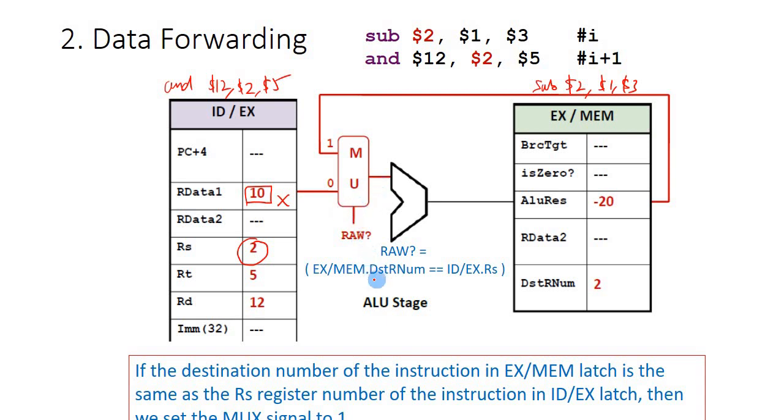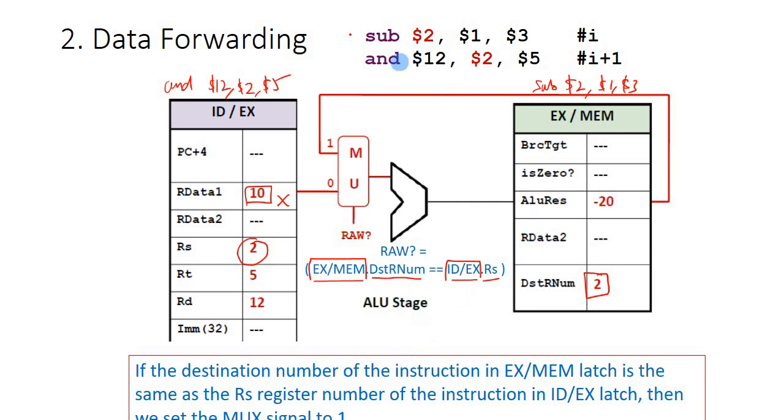I check the instruction in the EX mem stage, which means the one instruction just before mine. If the destination register number, which is 2, is the same as the source register of the instruction in my IDEX stage, then... you have to remember that the EX mem stage and IDEX stage are just one clock cycle apart.